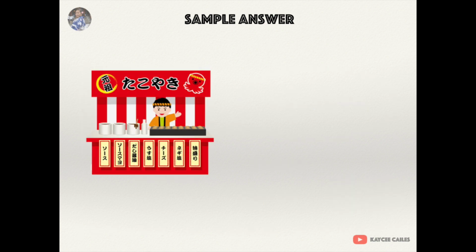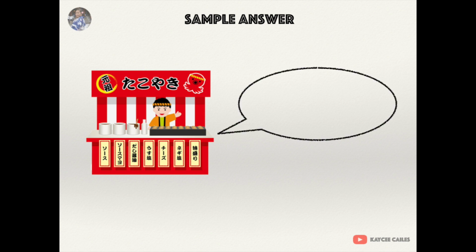Let's take a look at seller number 2. By the way, can you read the name of the stall and guess what he's selling? That's correct. He's selling takoyaki. That explains the octopus as the display. Anyway, moving on to the price, seller number 2 said that it is gohyaku en desu.